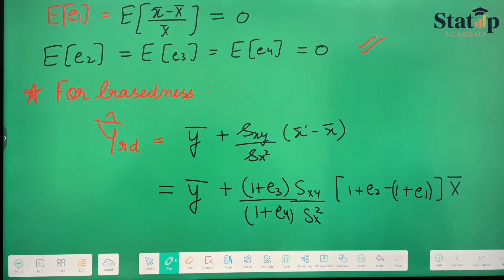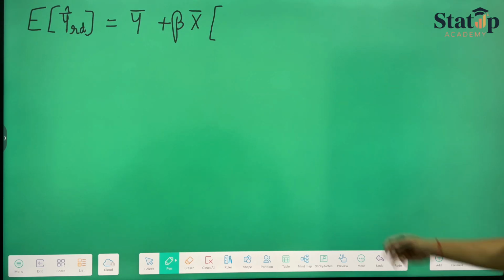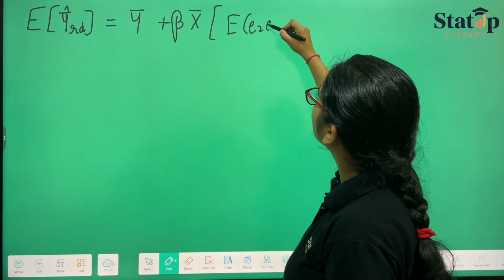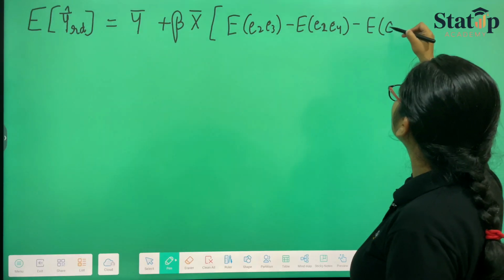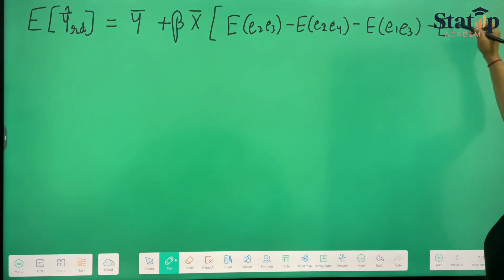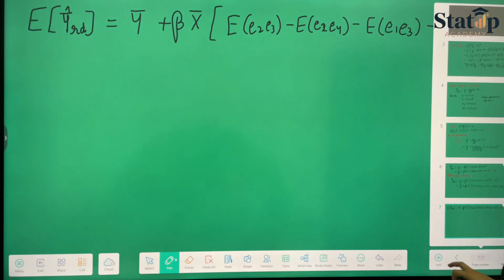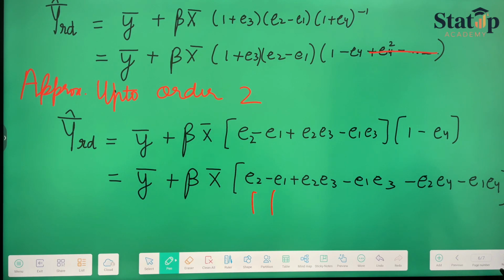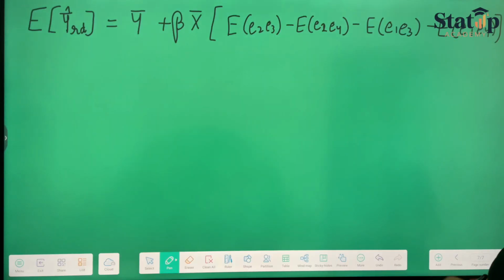So we are left with the expectations of e2 e3, e1 e3, e2 e4, e1 e4. Okay, these are the terms.